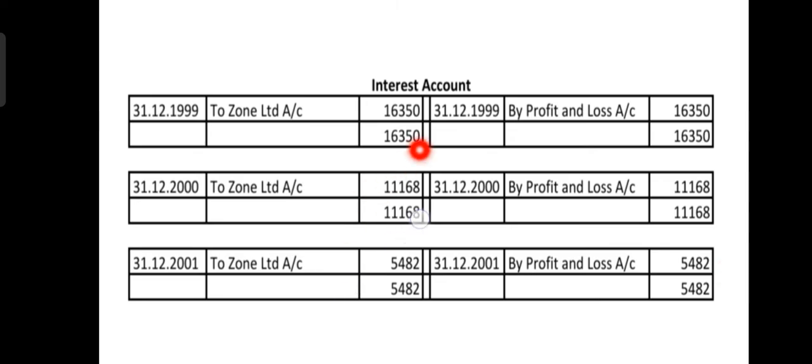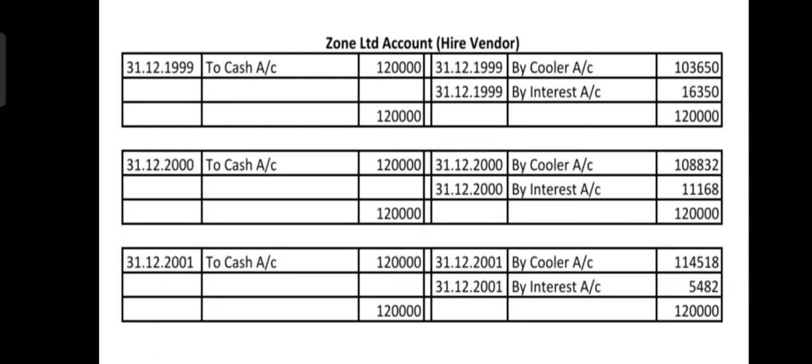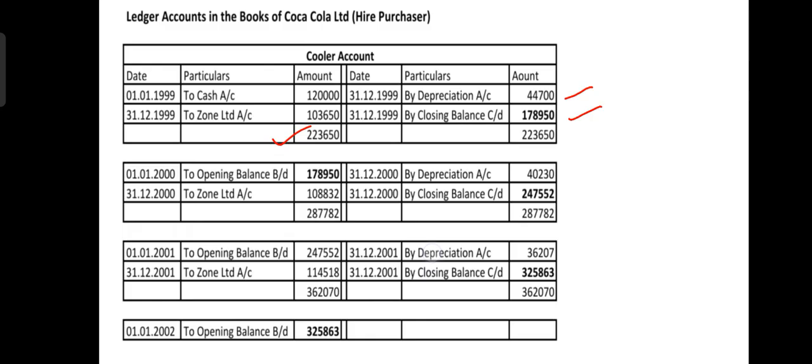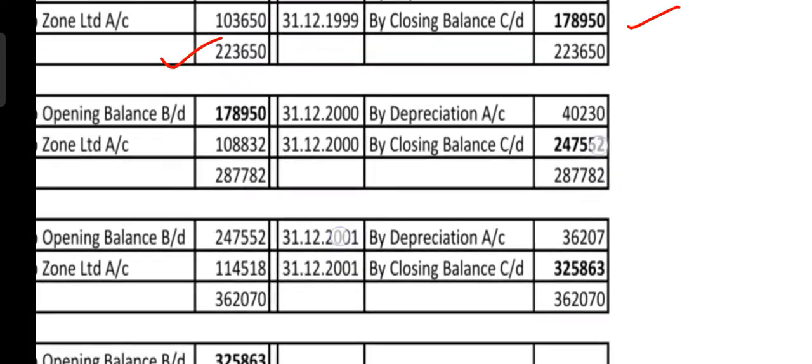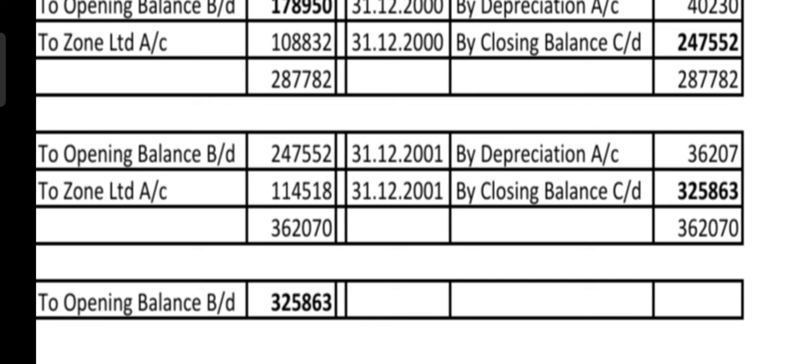Individually we need to prepare for year 1, year 2 and year 3 at the end of the accounting period: the interest account in the same manner, the depreciation account in the same manner, the hire vendor account, and the asset account. Only one account is going to show a balance, that is the asset account, 3,25,863.